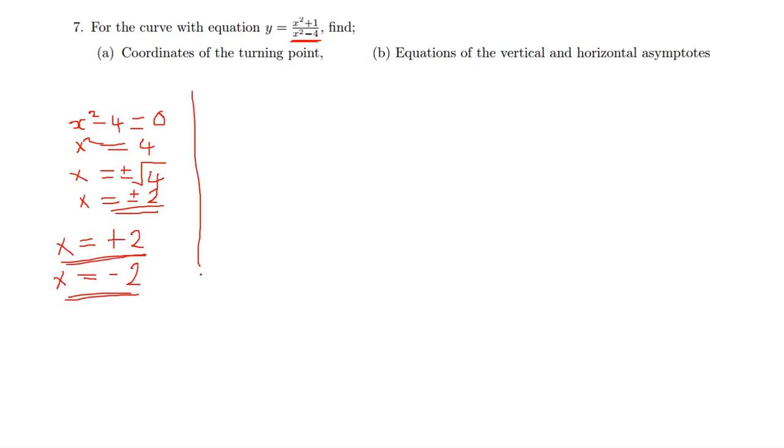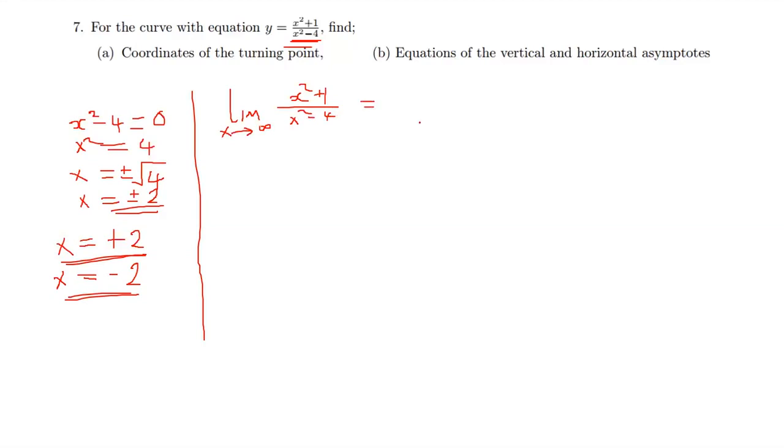Now, to find the equation of the horizontal asymptote, you just find the limit when x is approaching infinity. So we find the limit of x squared plus 1 over x squared minus 4 as x approaches infinity.